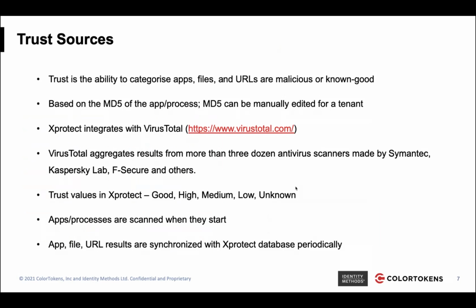For example, someone with no malicious intent might download something like Putty from a different website, not the official one, and that executable has been modified and potentially contains malware. We can use this database to understand whether these are known good or known bad. It's aggregated across over 40, I believe, antivirus vendors, all aggregated into VirusTotal. We update that within our toolset periodically, refreshing it to make sure we have up-to-date data.